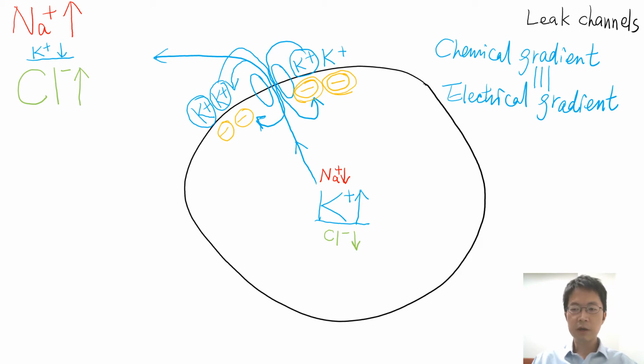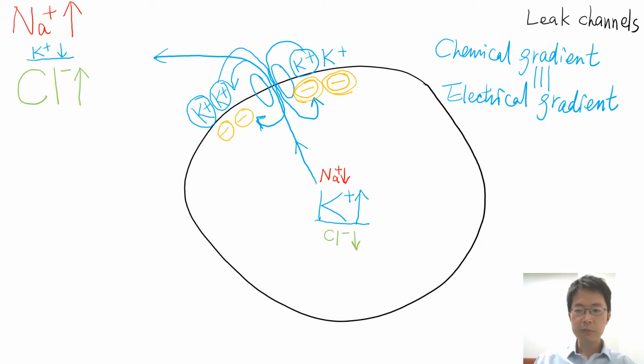The chemical gradient and electrical gradient will reach an equilibrium. We call it dynamic equilibrium. Dynamic equilibrium means that the ions are still going in and out. Equilibrium doesn't mean that the ions stop moving. The ions keep on moving in and out.